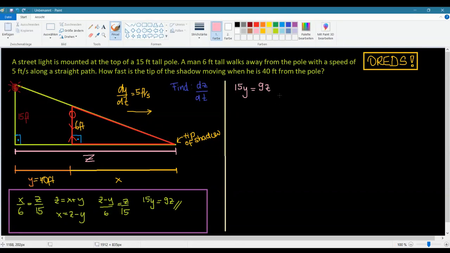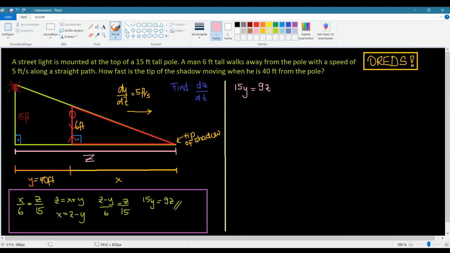We know y is 40, but we're not going to use that yet. What do we do with something like this when we're trying to get the rate of z? We're going to take the derivative of both sides, which is called implicit differentiation, and related rates problems are just implicit differentiation problems, but word problems, right?